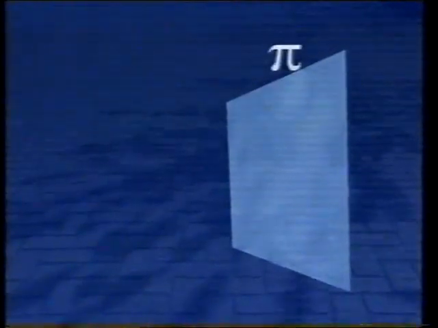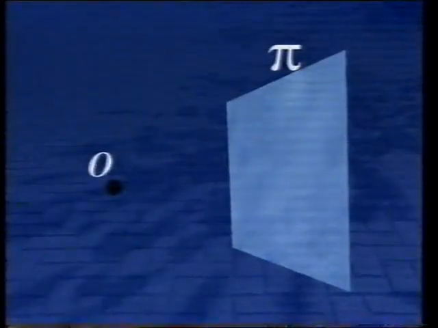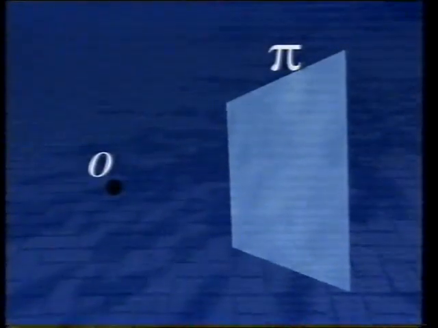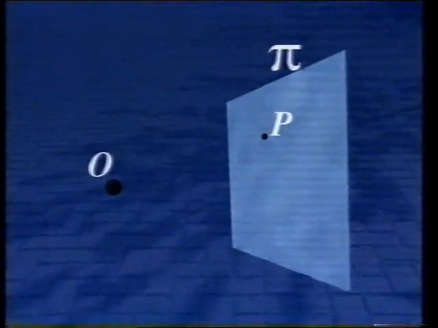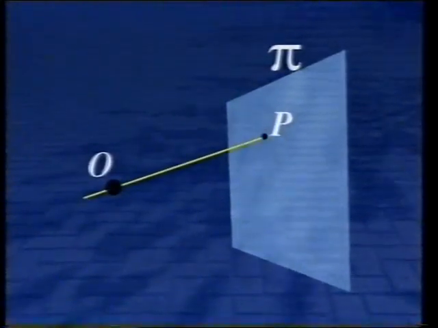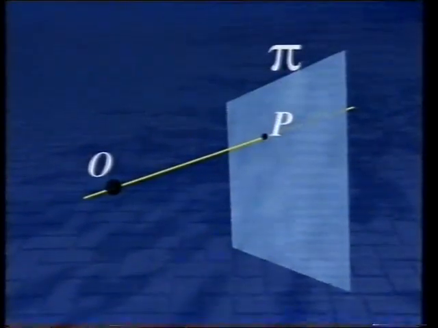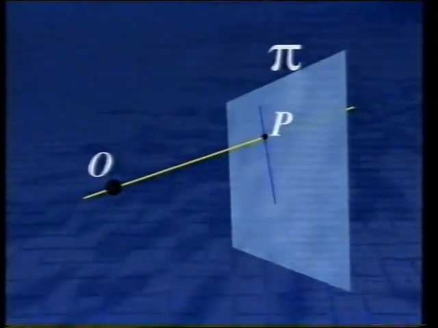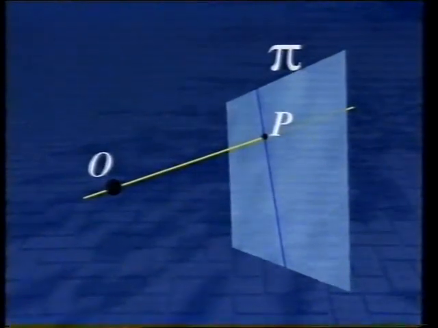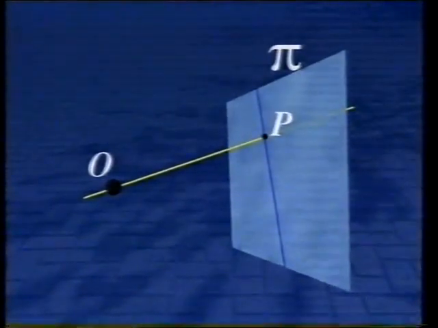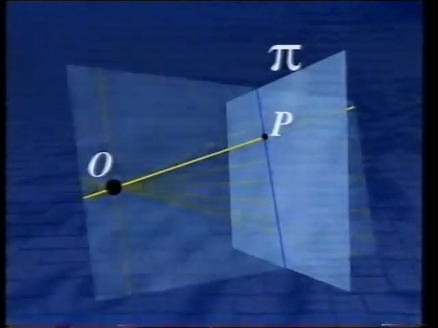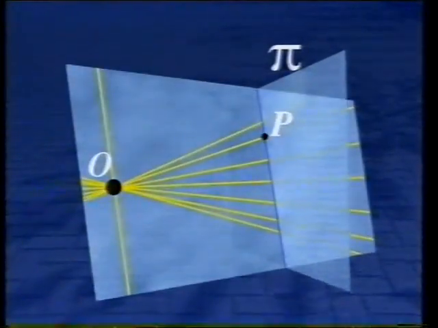For example, given a plane π and a point O not in that plane, we can associate with each point P in the plane the line through both O and P. When this Euclidean point P sweeps out a line in the plane π, the line from O to P sweeps out another plane through O, and we call that plane a projective line.